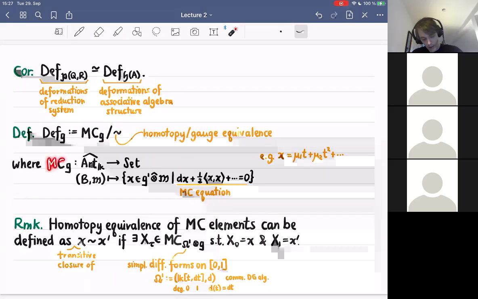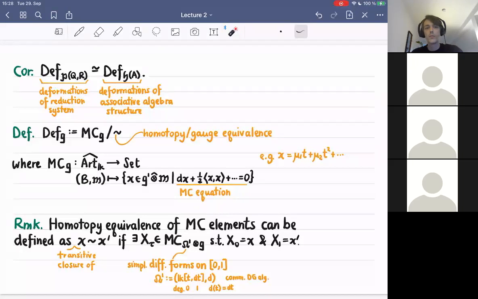And so MC_G is this functor that takes a local complete Noetherian K algebra, or maybe Artinian algebra, B with some maximal ideal M, and it sends this to the set of Maurer-Cartan elements. That means the elements which live in G1 tensor M, and that satisfy the Maurer-Cartan equation. Okay, so for example, here X we said could be something like mu1 t plus mu2 t squared and so on.